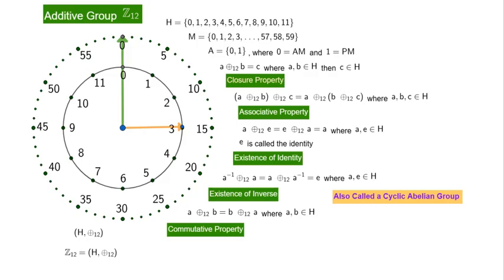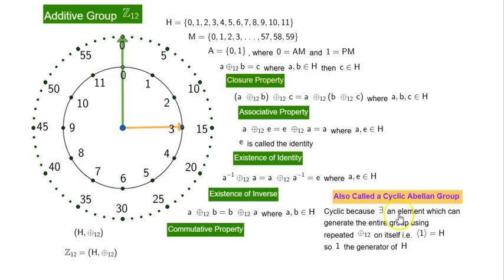Now, why cyclic? Cyclic because there exists an element which can generate the entire group using repeated addition modulo 12 on itself. That is 1.